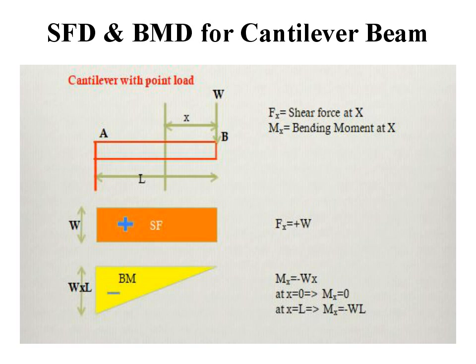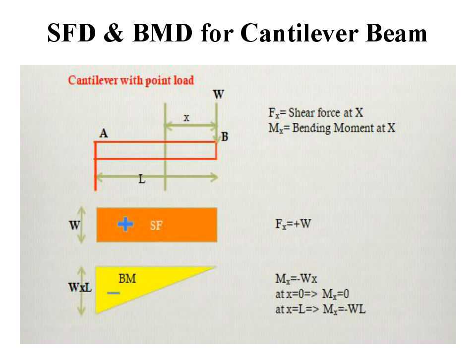After that, find the bending moment at each point B and A. Starting from B, at B point the x value will be 0. Substitute x as 0 at B point, you get the MB value as 0.